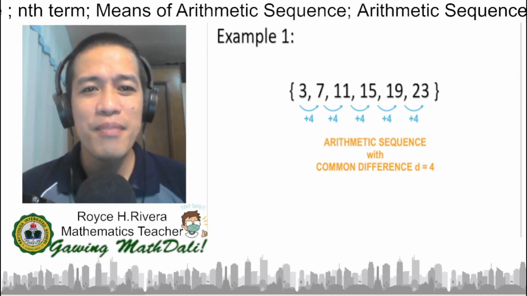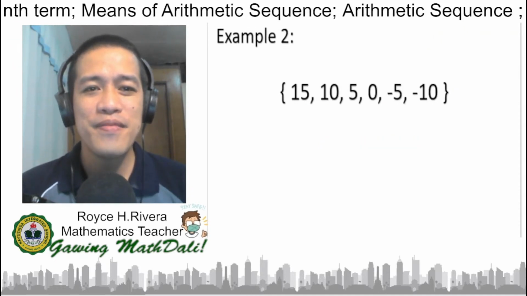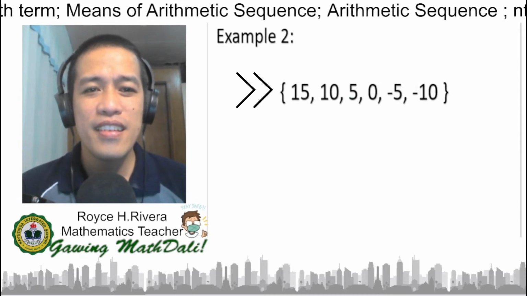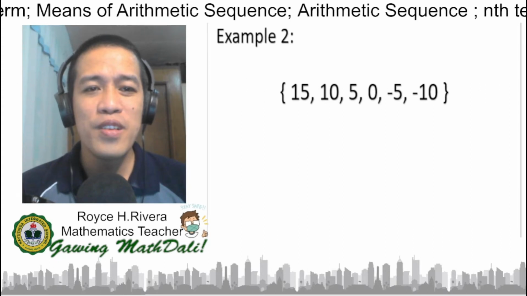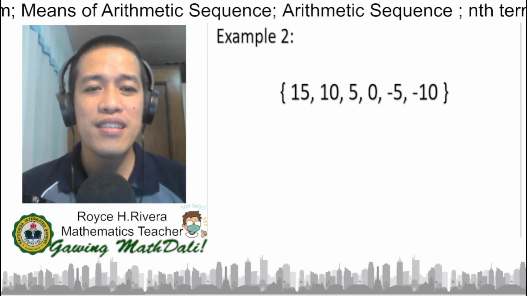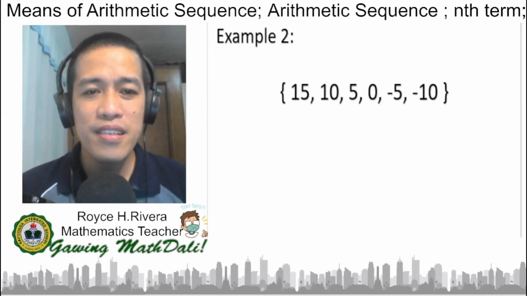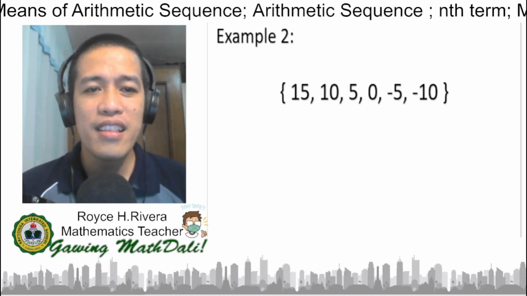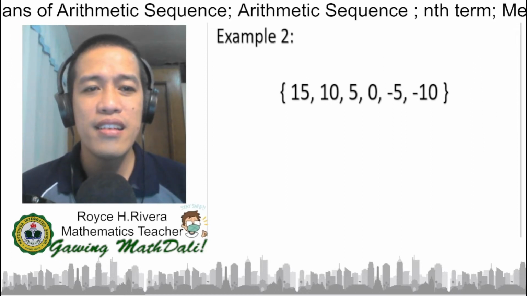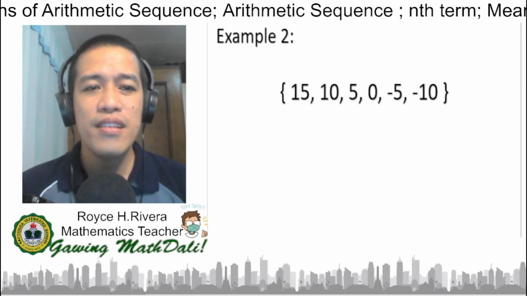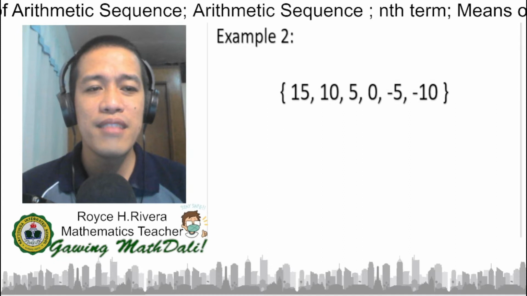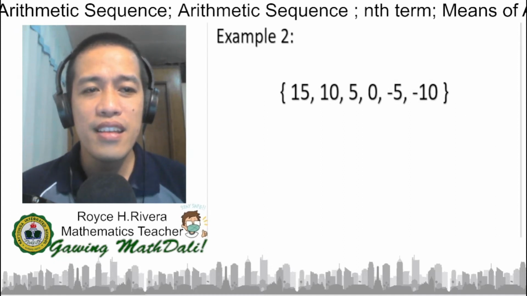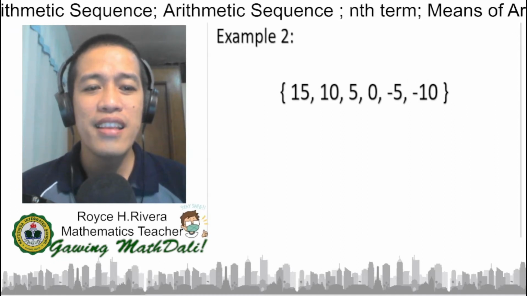Tingnan naman natin ang pangalawang example. The given set of numbers is also an arithmetic sequence. The first term 15, second term 10, the third term 5, fourth term 0, fifth term negative 5, and the sixth term negative 10.